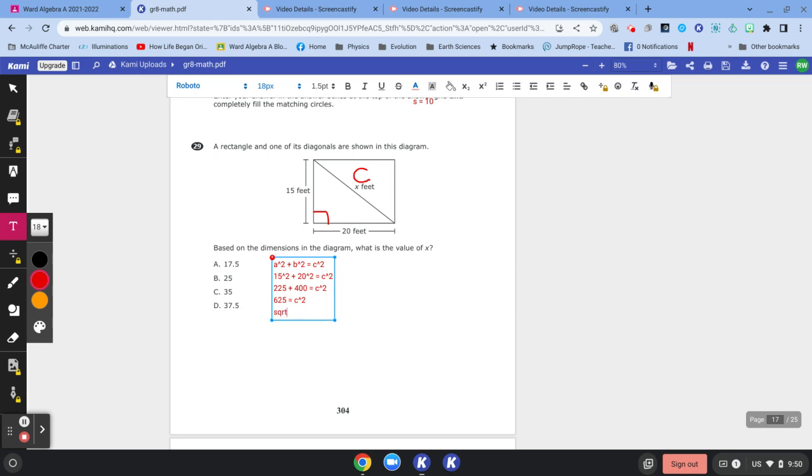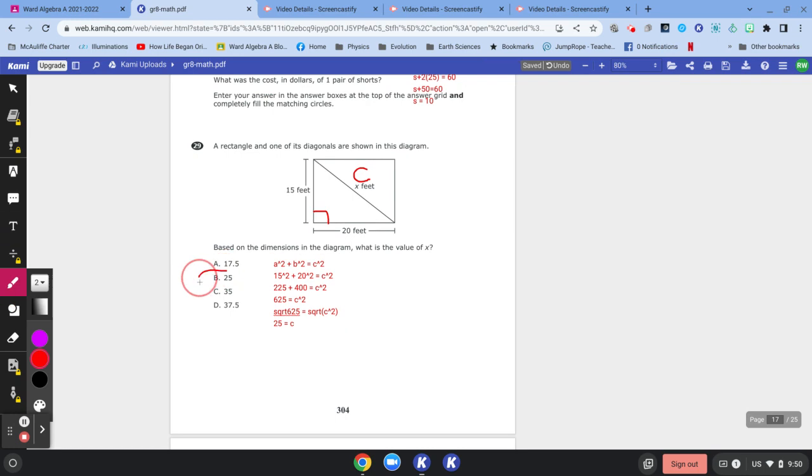So the square root of 625 equals the square root of c squared. Now the square root of 625 is either 25 or negative 25. It's a dimension of a diagonal of a rectangle, so we're going to ignore the negative. So it's 25 equals c, and so our answer is right here.